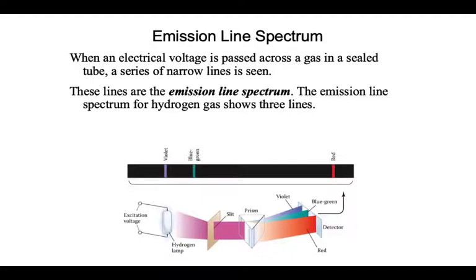That's interesting. Plum pudding model said everything exists everywhere. Rutherford says put them in the nucleus, protons and neutrons, electrons exist everywhere. 20,000 volts through a tube of an element, they exist at very distinct locations. That's interesting. All right? We'll pick up there on Tuesday.